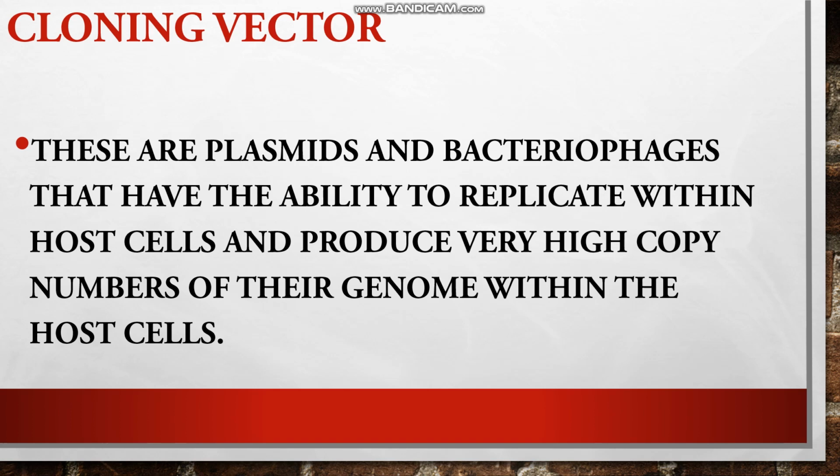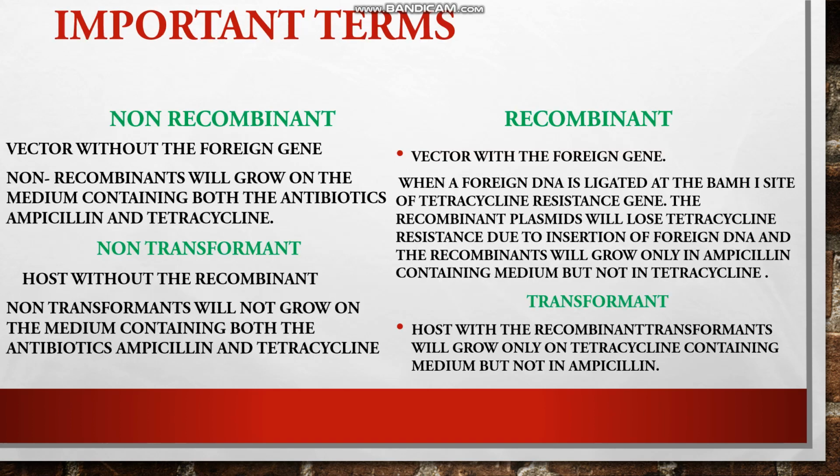Now, before learning the essential features of a cloning vector, you should be familiar with certain terms. The common terms are non-recombinant, recombinant, non-transformant, and transformant. Non-recombinants are vectors without the foreign DNA. Recombinants are vectors with the foreign gene.